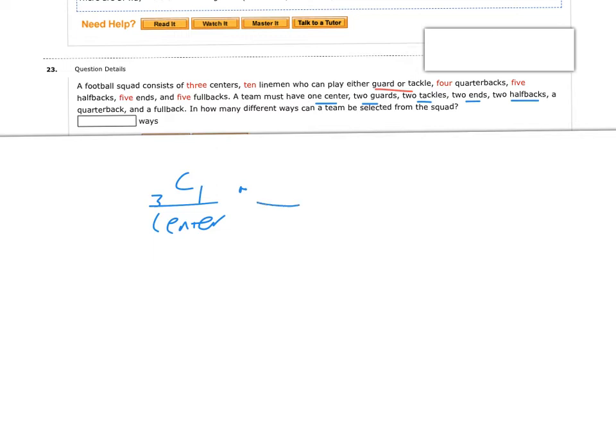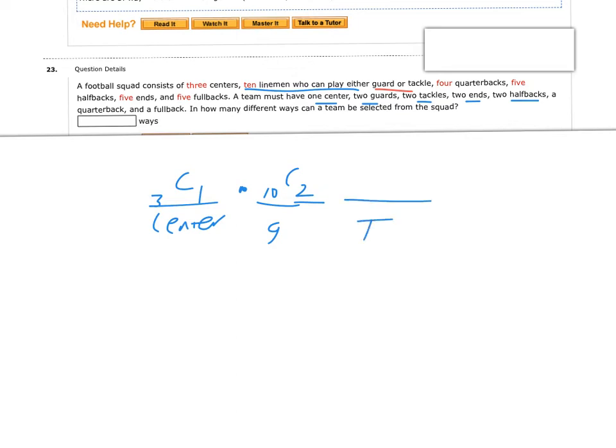Then this is going to get multiplied by the guards. For the guards, we are taking from the group of 10 linemen, and we're choosing 8 of them. And then for the tackles, oh wait, we're not choosing 8 of them, excuse me. We're choosing 2 of them.